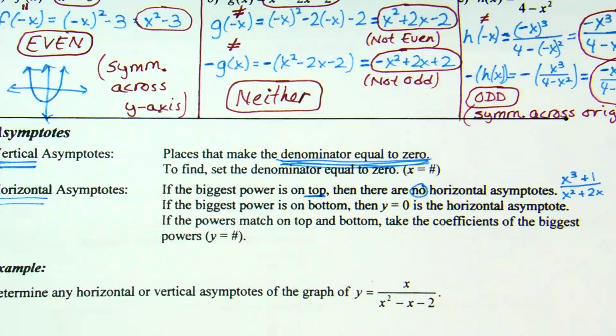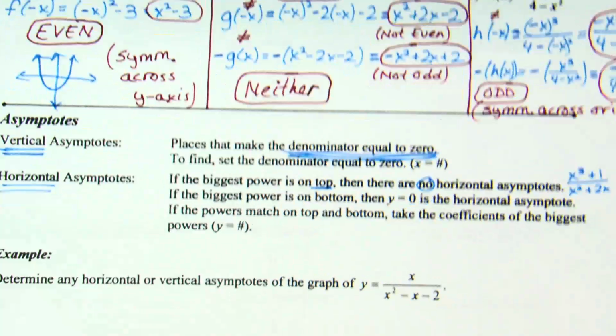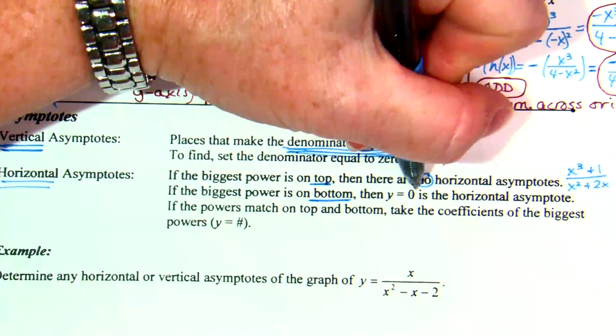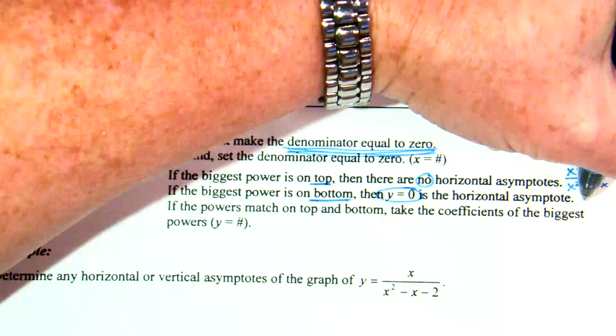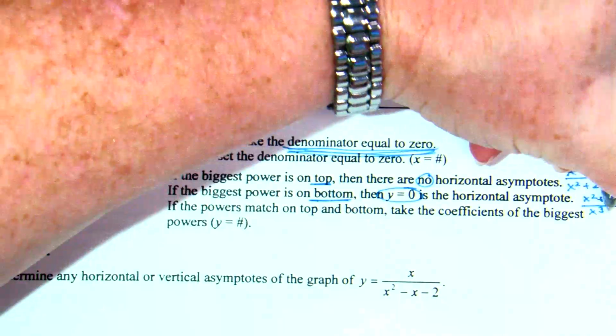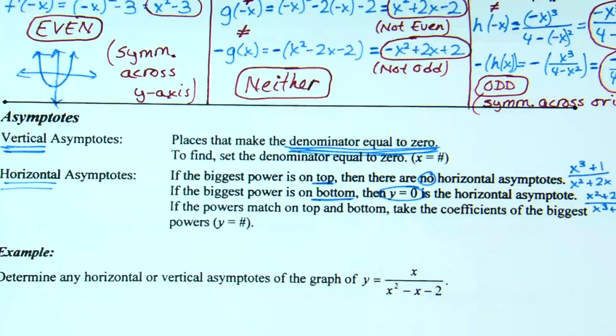That's an example of no horizontal asymptotes. Now, if the biggest power is on bottom, then y equals 0 is the horizontal asymptote. For example, if I have x squared plus 2x over x cubed plus 1, where's my bigger power? X to the third is on bottom, that's the bigger power. So that's a horizontal asymptote of y equals 0. What line is y equals 0?